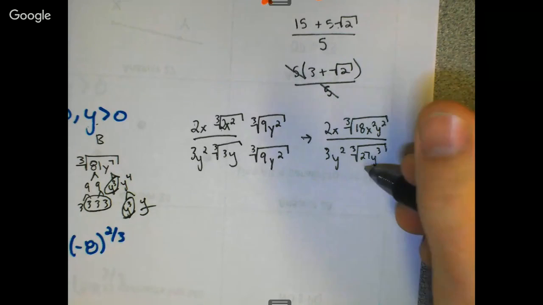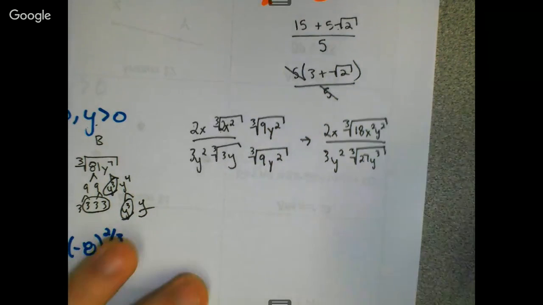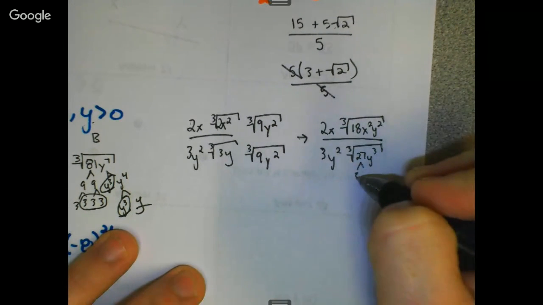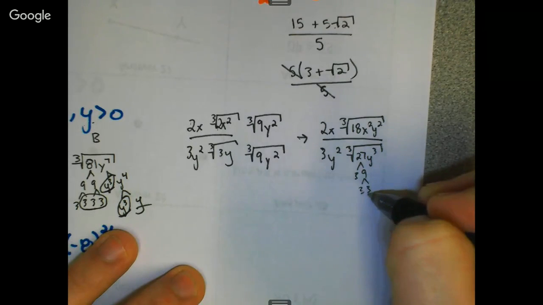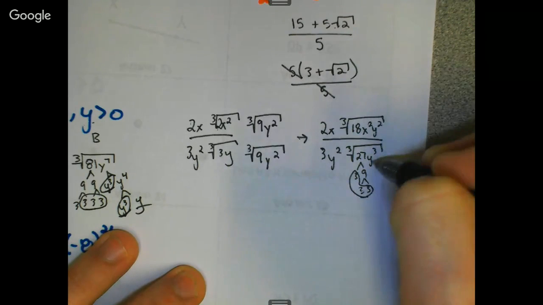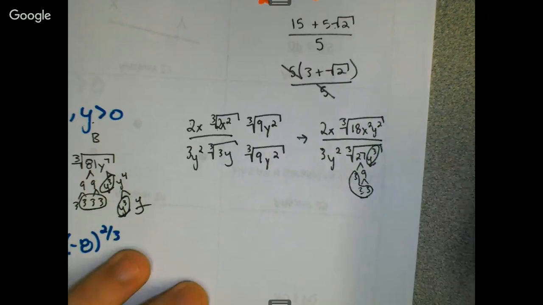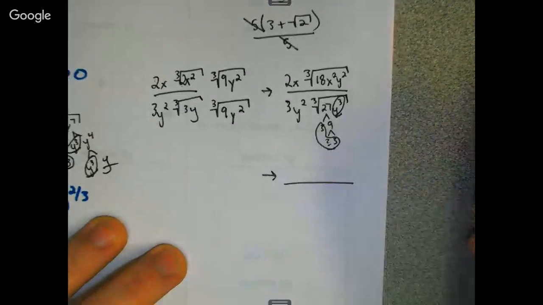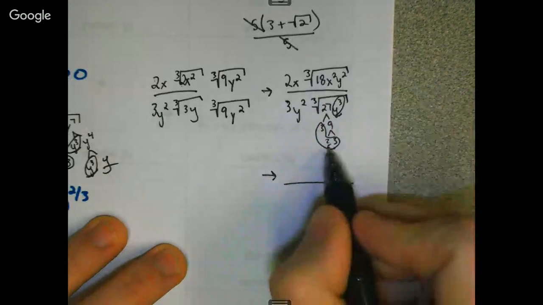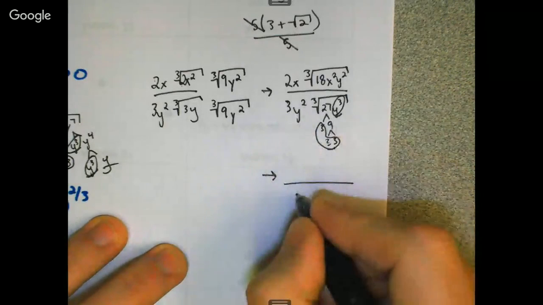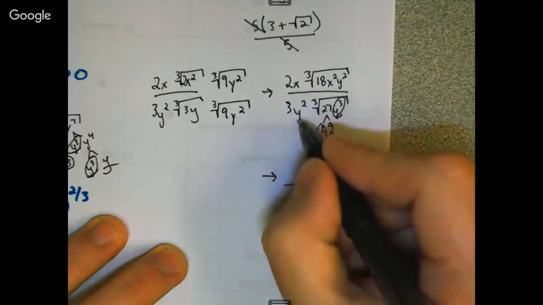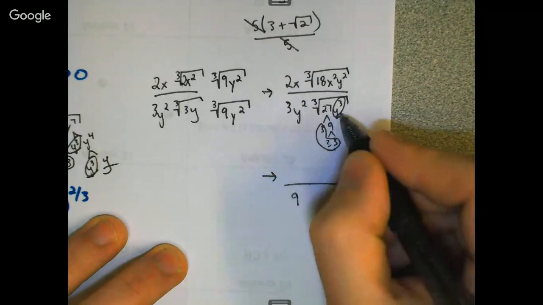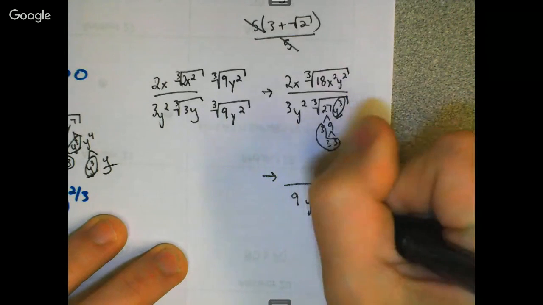Now we know that one will reduce because we set it up that way. But I have 3 times 9, 3 times 3. There's 3 3's and there's 3 y's. So in the bottom, sorry, I'm kind of running out of room here. In the bottom, coming out front is a 3, but you already had a 3, so you have 9. You have y squared, and you're bringing out another y. So that's y to the third.